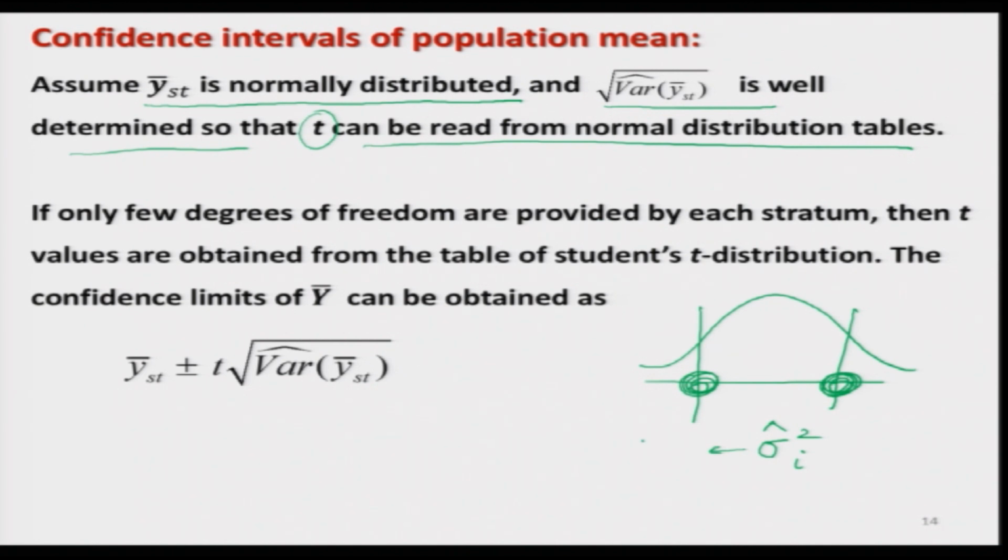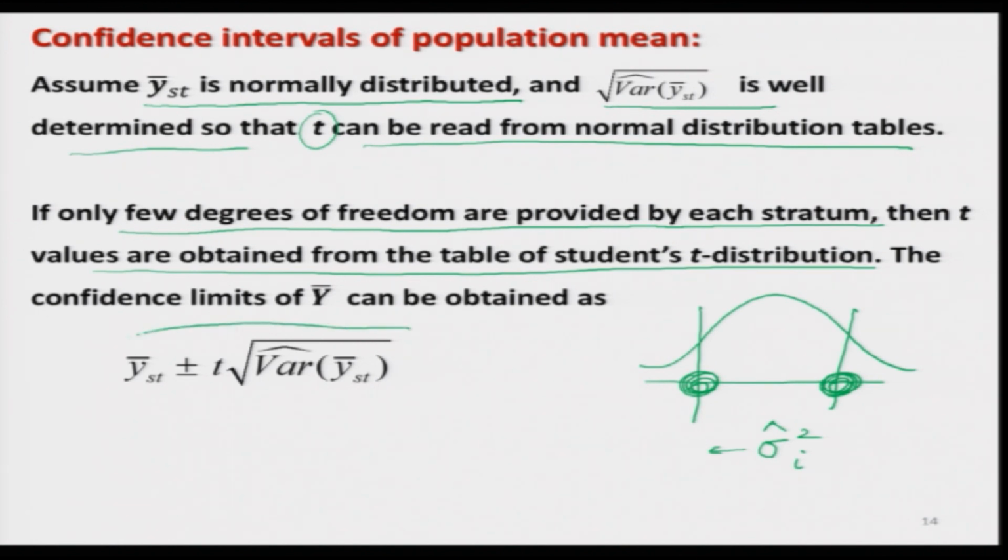If only a few degrees of freedom are provided by each stratum, then t values can be obtained from the table of the student t distribution. But this itself has an issue which I will address in the next slide. Suppose we assume that all these things are possible. Under that situation, an approximate confidence interval can be computed by the expression y bar st plus or minus t times the standard error of y bar st.